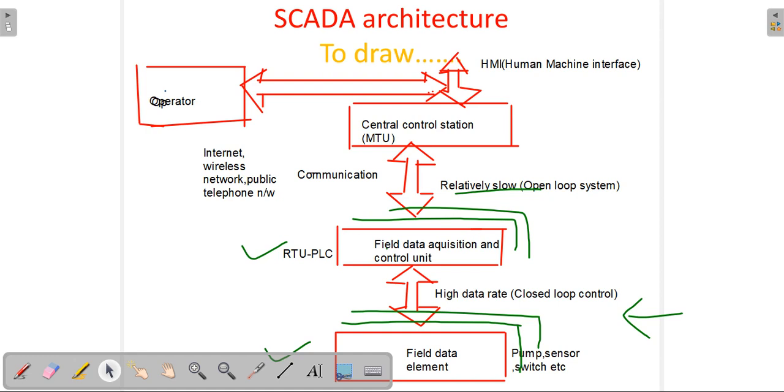Then it goes to the central control station, the MTU, the master terminal unit. Then you may have the human machine interface. We have already seen this in our block diagram earlier.